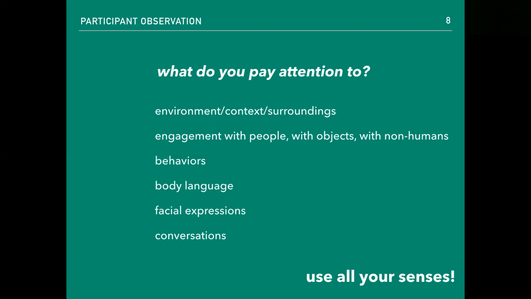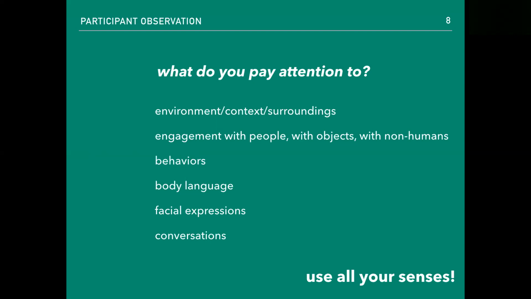So are those social behaviors useful in designing a certain product for a group that doesn't have to explain things as much as a group that is just newly established? Other things you can pay attention to that are more physical are body language, facial expressions. Are people signaling to each other in a way that you might not understand what that signal means, but it might be important? And then also conversations.